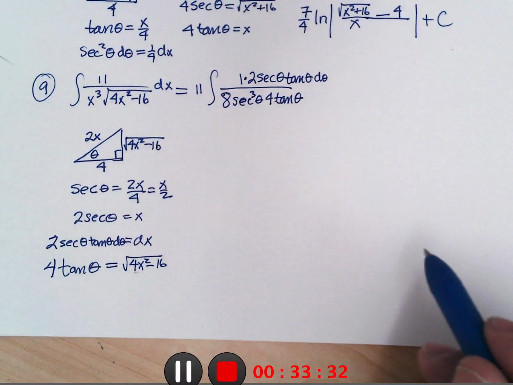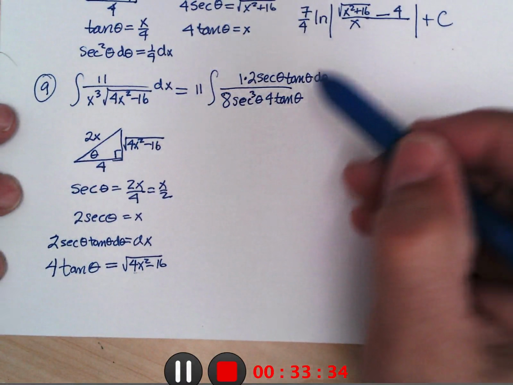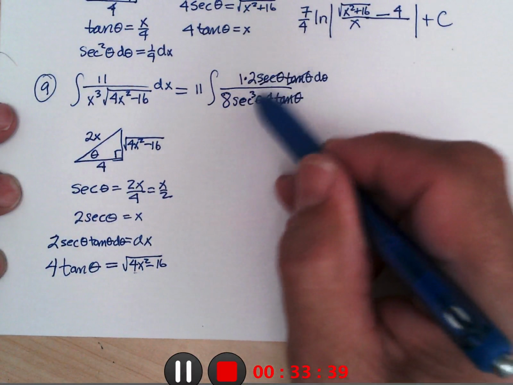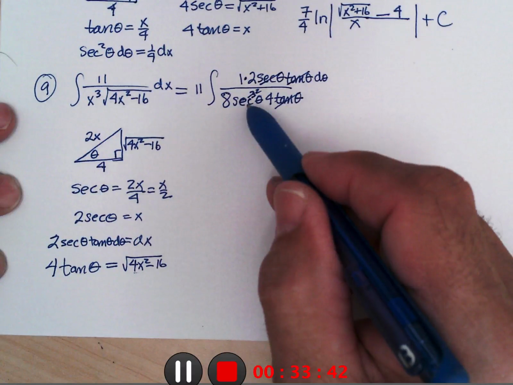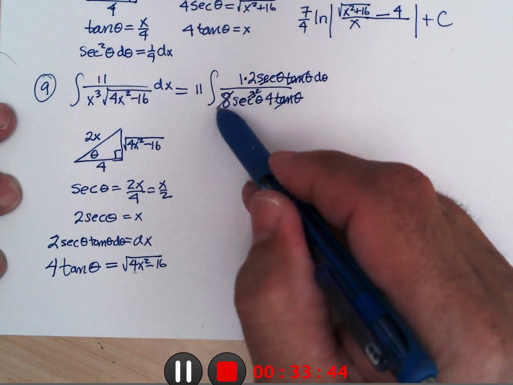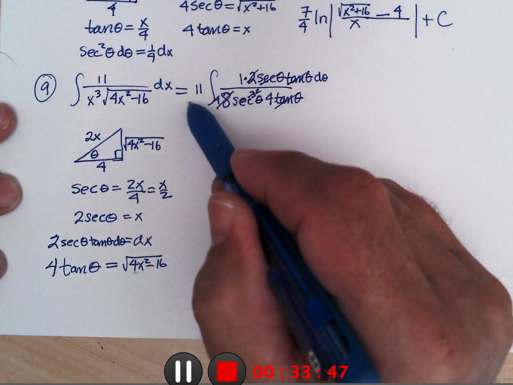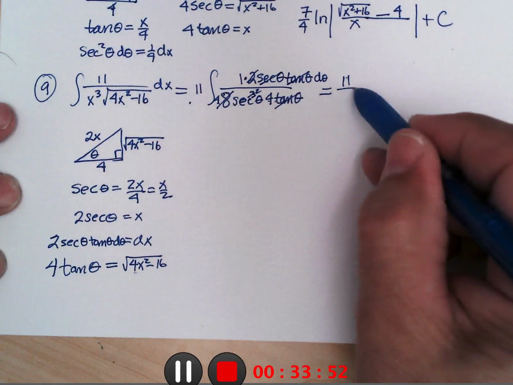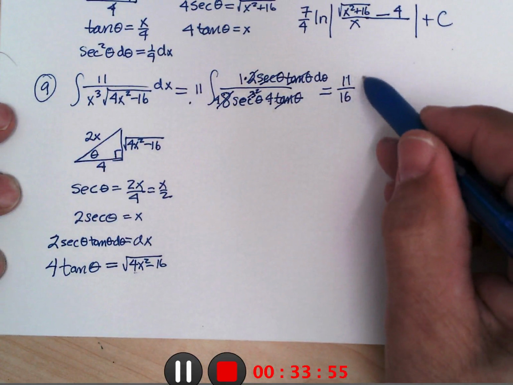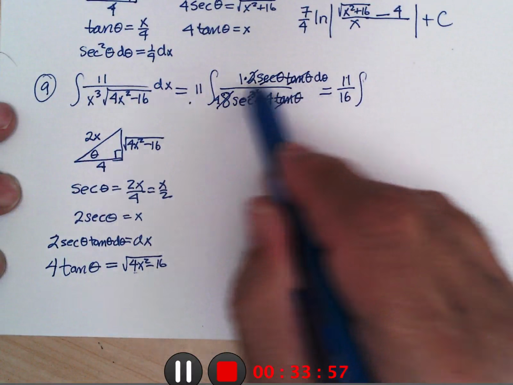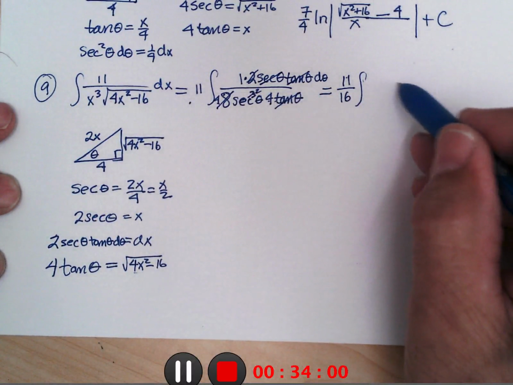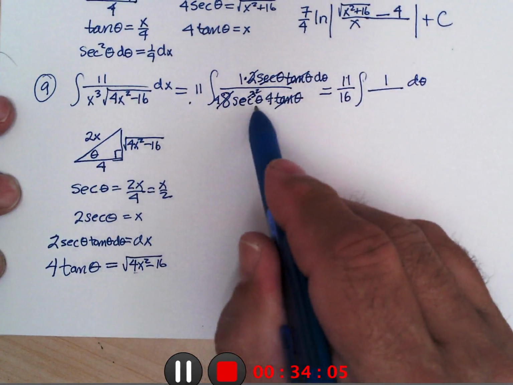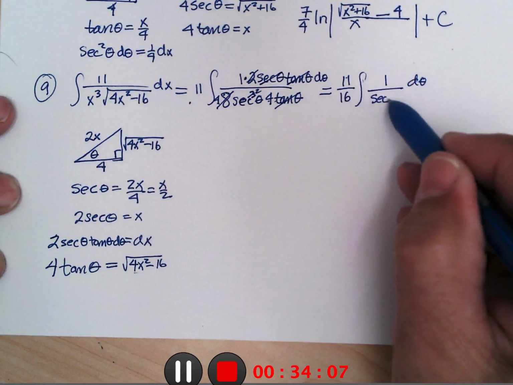Fortunately, quite a bit of this cancels. The tangents cancel. The secant cancels one of these and makes only secant squared. The 2 over the 8 is 4, which I can pull out with this other 4, so I get 11/16 antiderivative, nothing left in the numerator except d theta, and in the denominator I have secant squared theta.